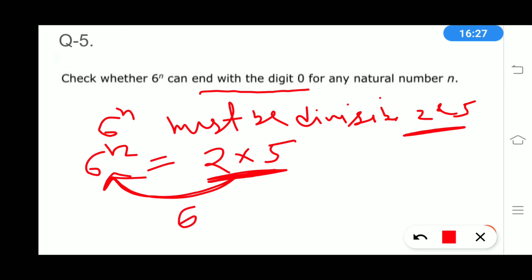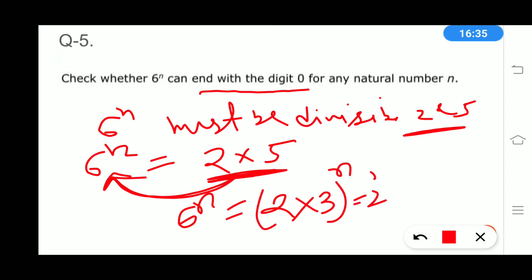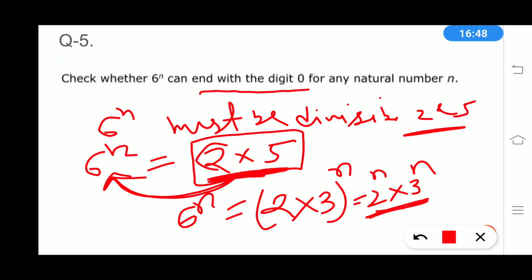But 6 to the power n can be written as (2 into 3) to the power n, that means 2 to the power n into 3 to the power n. The prime factors here are 2 and 3, not 2 and 5. So 2 is common, but 5 is not.